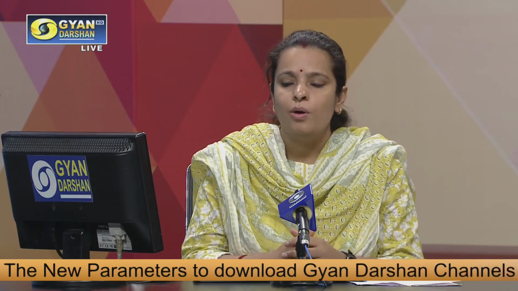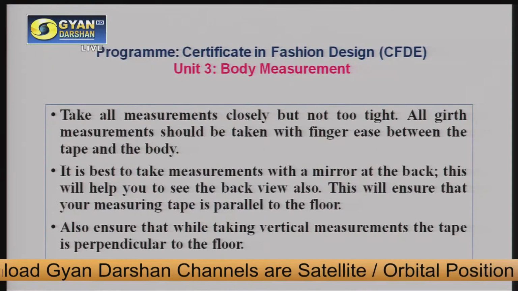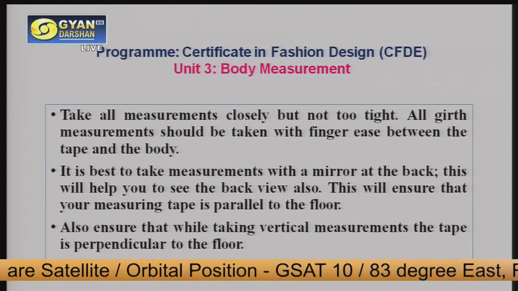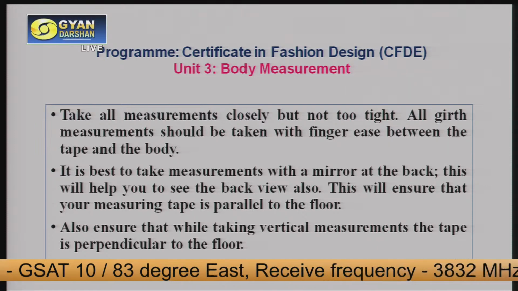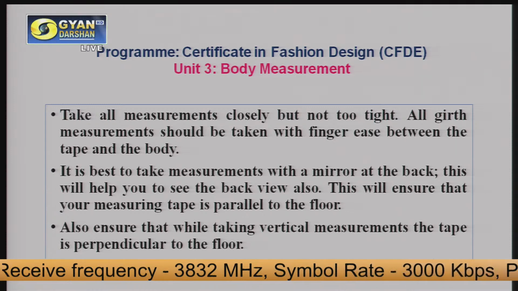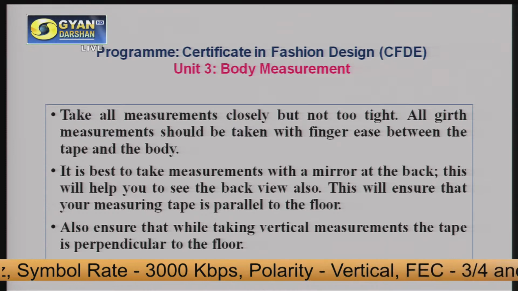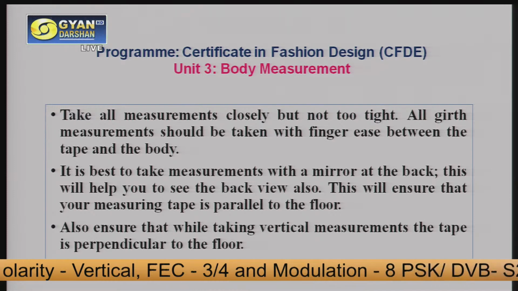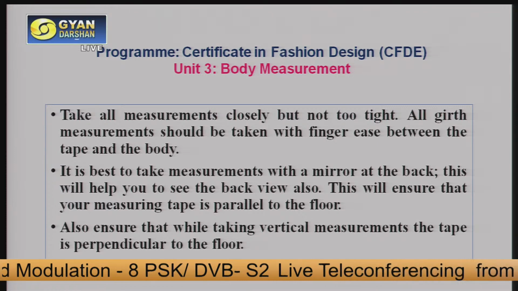Then the third point is to take all the measurements closely but not too tight. Sometimes we feel that if we take the measurement very close to the body, we will have a well fitted garment, but it is not correct. All the girth measurements, meaning the circumference or round measurements of the body, should be taken with a finger ease between the tape and the body.